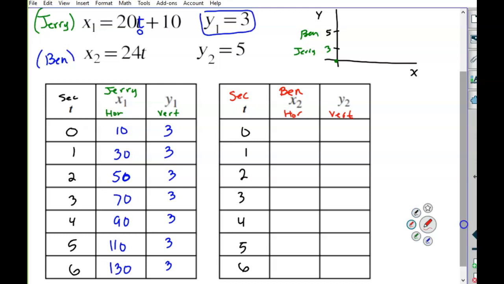at time 0. Ben is at 0 feet away. Jerry was at 10 because he got a 10-foot head start. And then after 1 second, Ben is 24 feet away. And every second that passes, Ben goes another 24 feet. So we're just going to keep adding 24 all the way up.